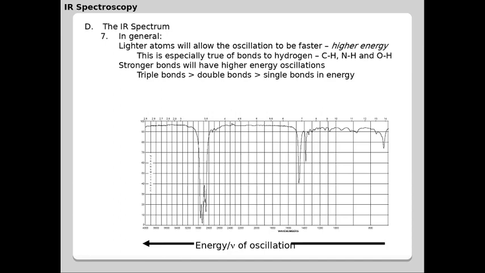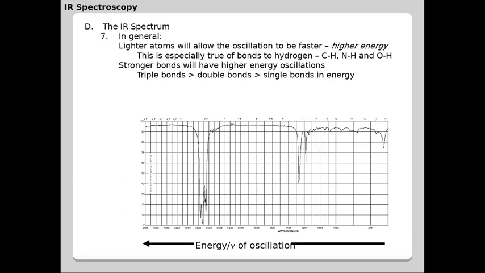This is given by the famous equation nu is equal to 1 by 2 pi into square root of k by mu, where k is the force constant and mu is the reduced mass. That means the vibrational frequency is directly proportional to the force constant of the bond, and inversely proportional to the reduced mass of the nuclei that form the chemical bond.